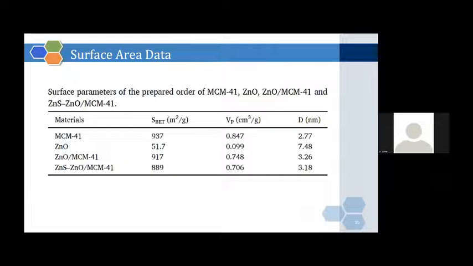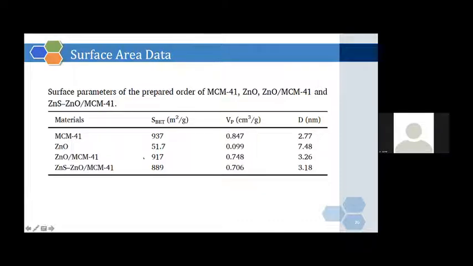The surface area of MCM-41 is about 937 square meter per gram, the pore volume is about 0.847 cubic centimeter per gram, and the pore diameter is 2.77 nanometers. For zinc oxide, the surface area is only 51.7 square meter per gram.